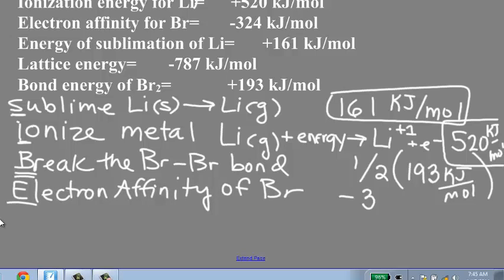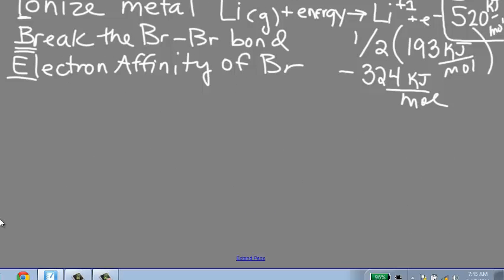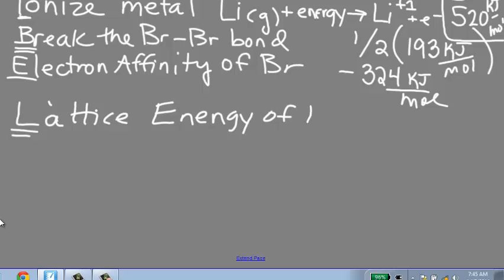Yep, it's negative 324 kilojoules per mole. And then finally, L, we're going to react our Li plus. It's the lattice energy of Li plus, the energy of interaction of Li plus and Br minus.